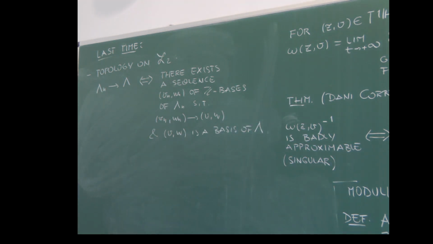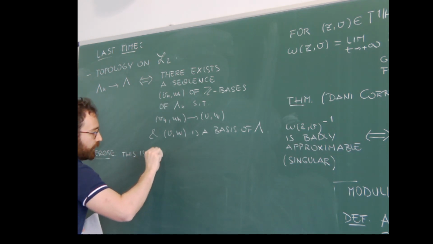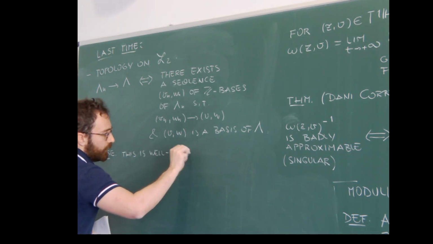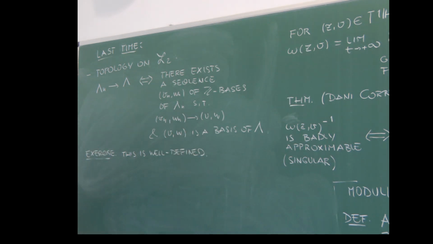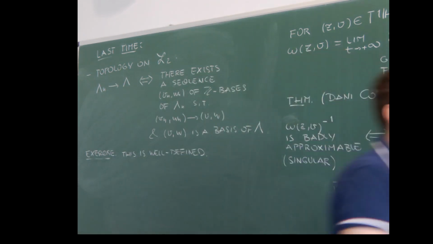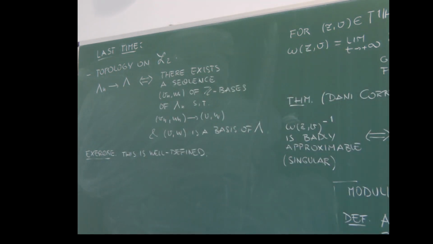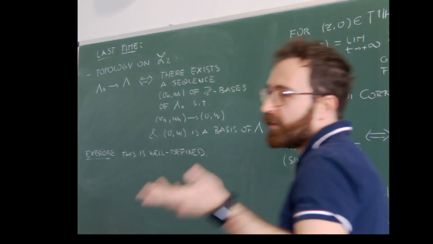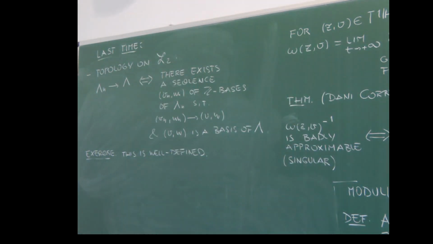Okay? So exercise: check that this is well defined. This gives you a topology on the space L2, in the sense that through convergence you can identify all closed sets. A set is closed if and only if whatever converging sequence you take in the set, it goes to an element in the set.